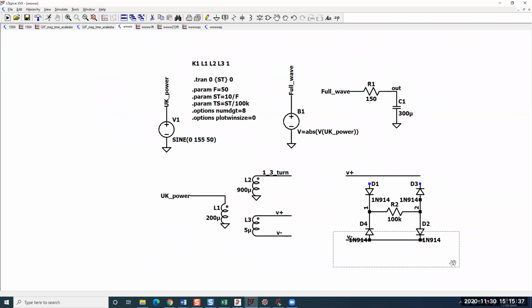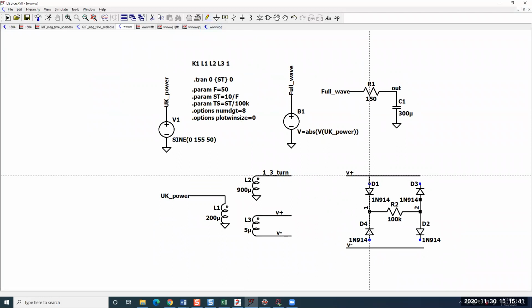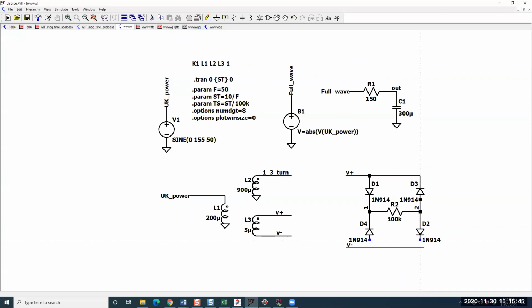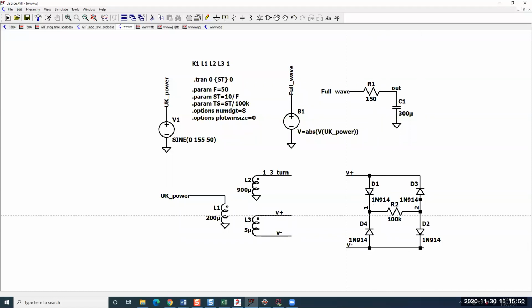Let me move some things around so it's easier to see, which you may or may not have seen in your circuits class. And it takes a differential signal, V plus, V minus, and it allows a sine wave to go through one way, allows a sine wave to go through the other way.